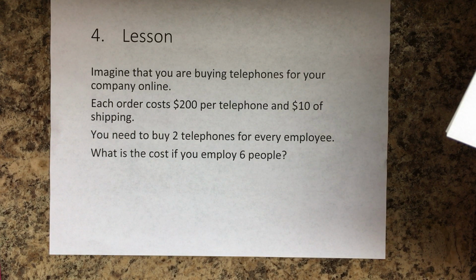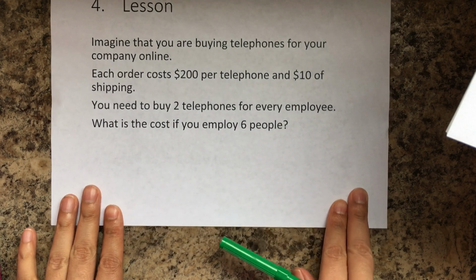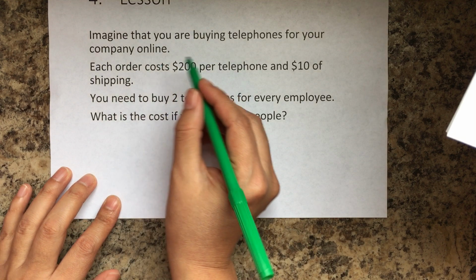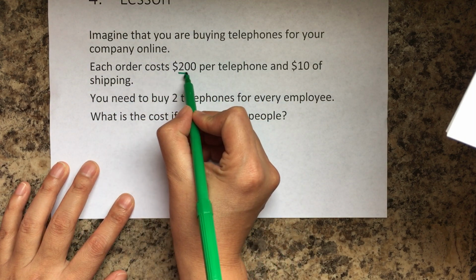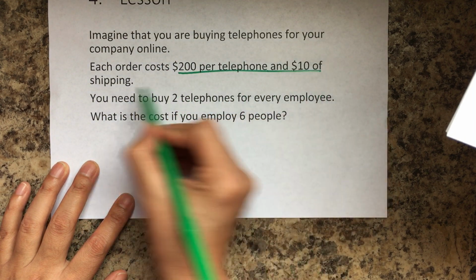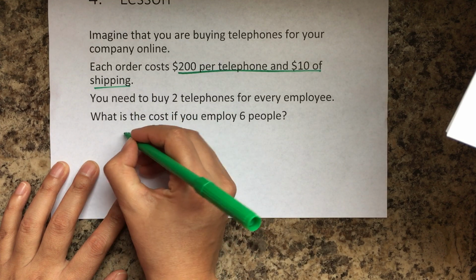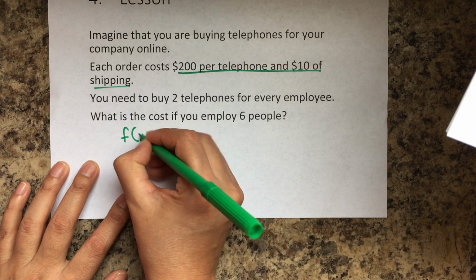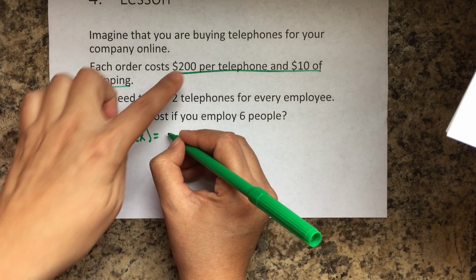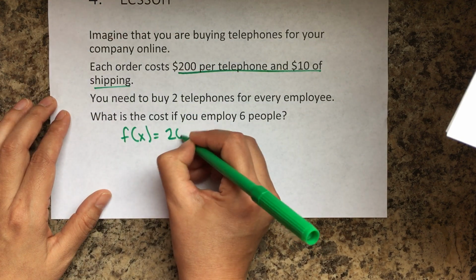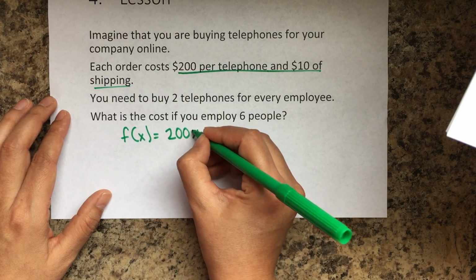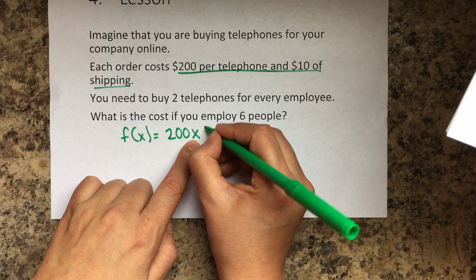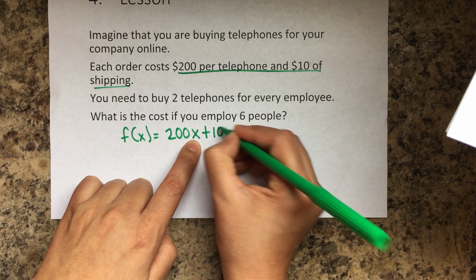Again, let's represent this with different functions. We have the cost: it's $200 per telephone and $10 shipping. So we can say that f of x is equal to 200x plus 10, $200 per telephone and $10 shipping.